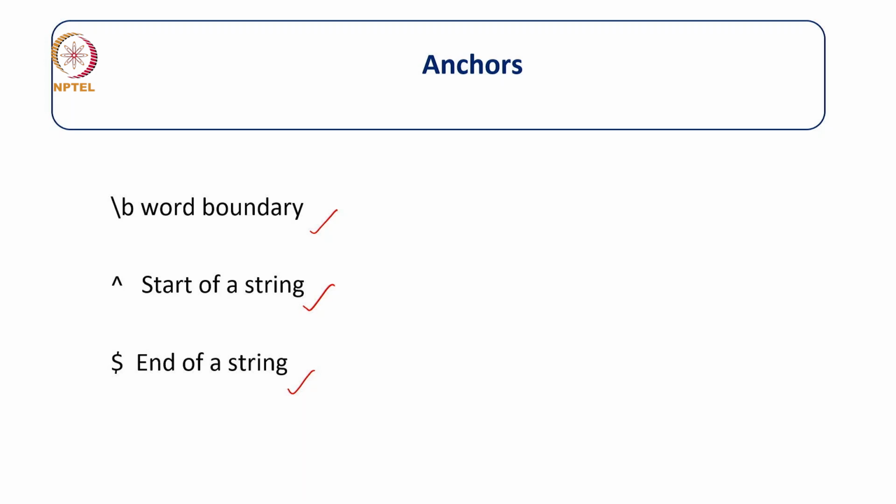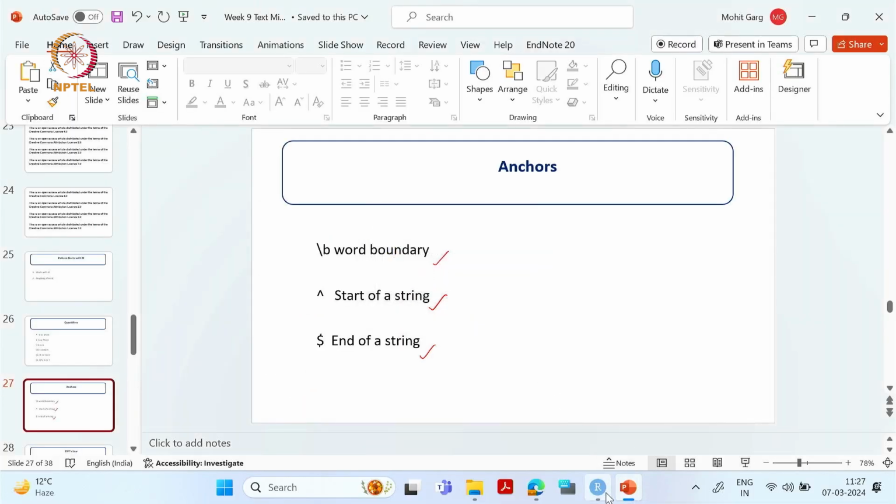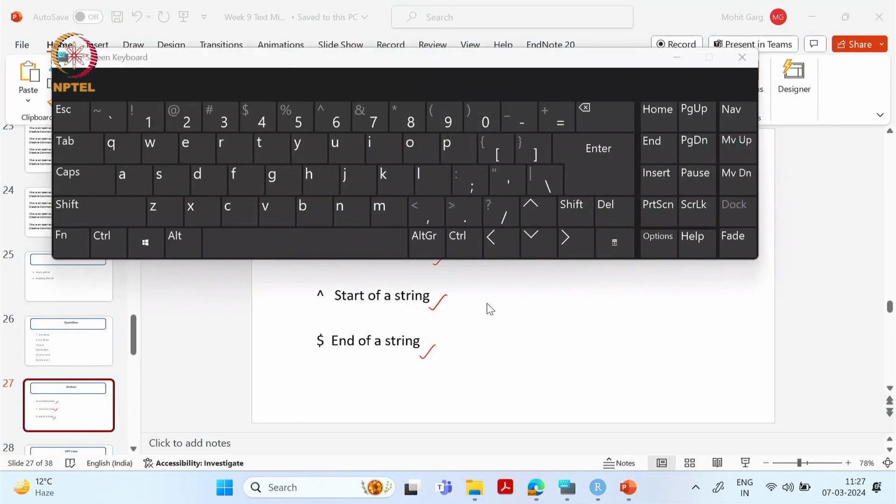The caret is generally on the keyboard number 6 key, so press shift and use it for the start of a string. For the dollar we have the 4 key, and again we press shift.